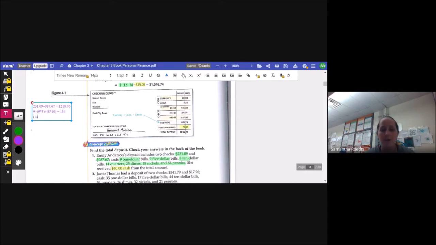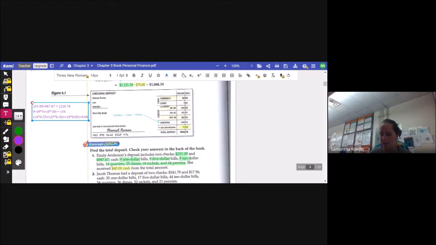I have 14 quarters, 25 cents each, plus 25 dimes, or 10 cents, plus 18 nickels, 5 cents, plus 64 pennies. I don't need to multiply them by 1 cent, they're 0.64.